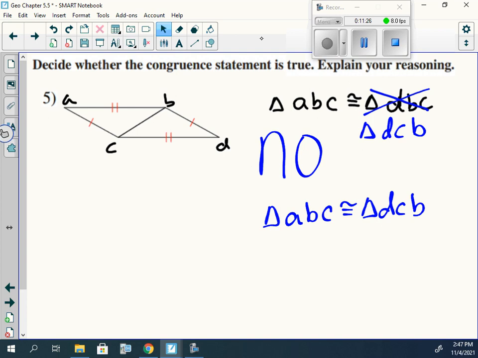This is what it should say. This is what the congruency statement should be. Questions on this here?